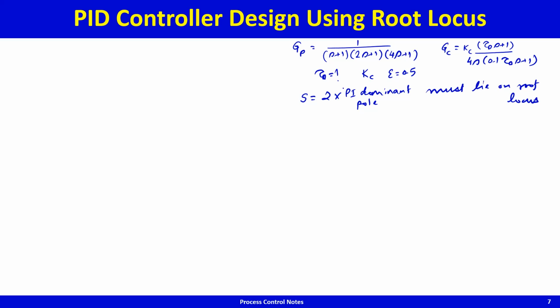In other words, the dominant pole for the PI controller was minus 1 by 6 plus minus square root 3 by 6 j. So S equal to minus 1 by 3 plus square root 3 by 3 j must lie on the root locus.